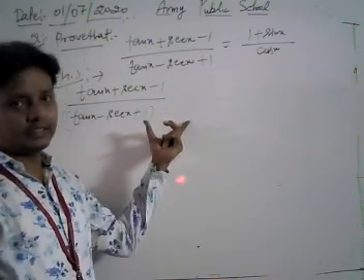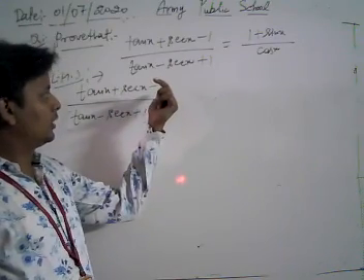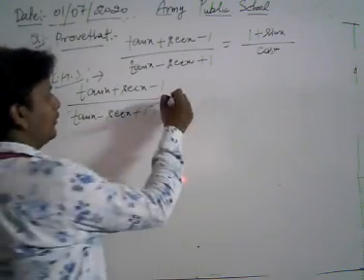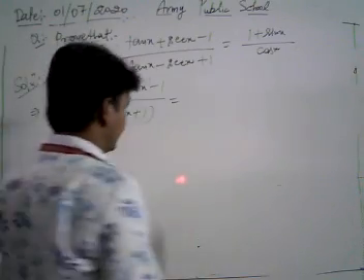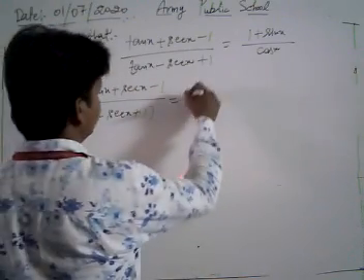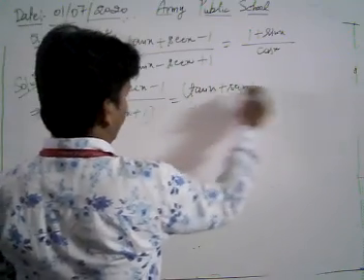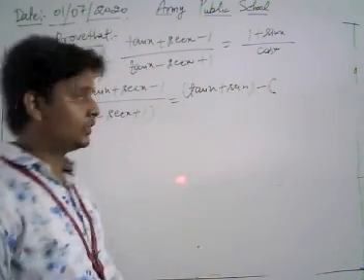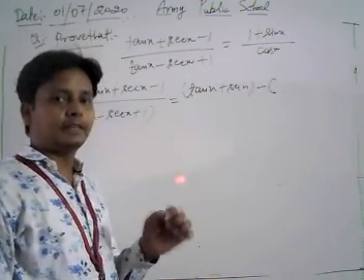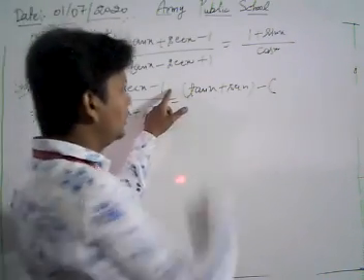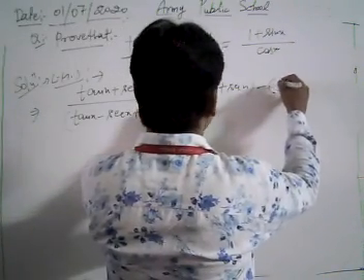Now in that question we split 1 in the form of sec²x − tan²x, because you know that sec²x − tan²x is equal to 1.